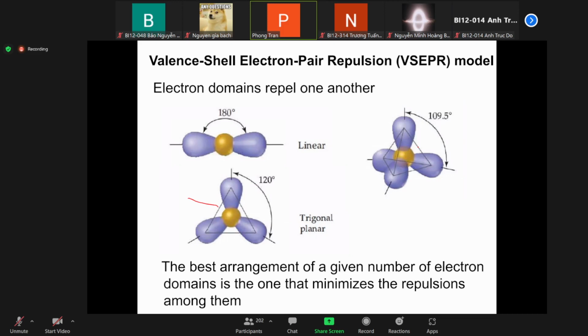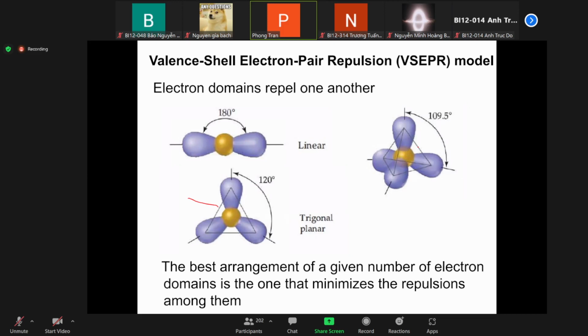So the two populations can have repulsion interaction because they have the same negative charge. So they will try to expand, getting the two domains as far as possible to make the system more stable.